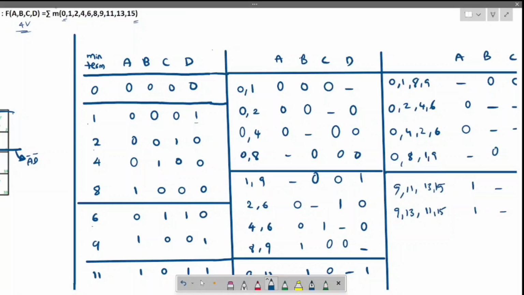For 6 we get 2 ones, and for 9, which is 8 plus 1, also.